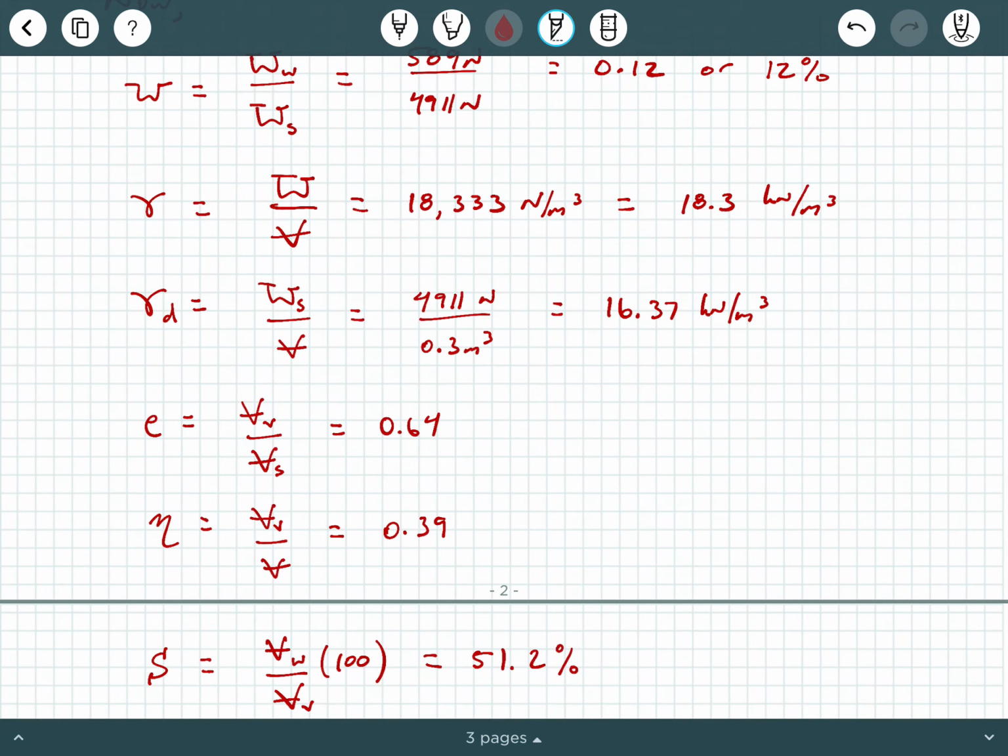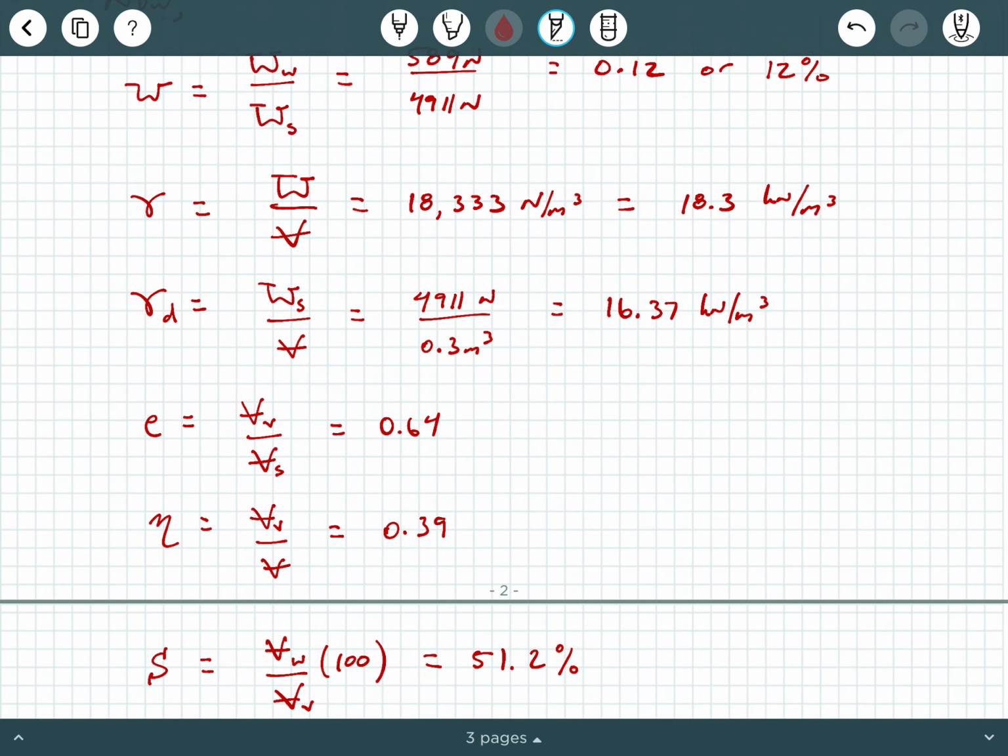Now, I'm going to make a comment based on a question we got in class before. When you are given values in non-ratio form, like a total weight or a total volume, in this case we had both of those, then we have a physical soil sample here with us. We could have this physical hunk of soil sitting right in front of us, okay?